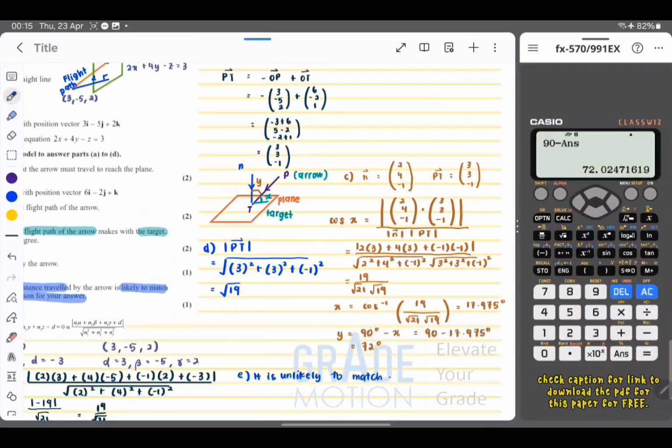Why? Because in actuality, it is unlikely for the flight path to be a straight line.